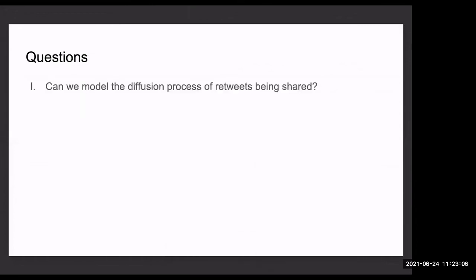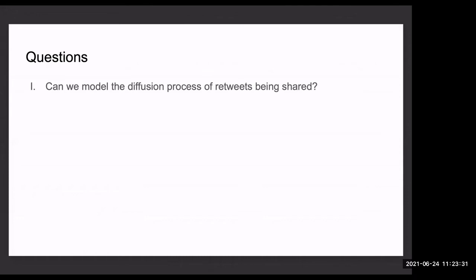Okay, so by analyzing the data, we have a few questions. This diffusion process of information or tweets being reshared, can we model this? For example, how does it come that a user with a very small following can be retweeted 100,000 times?